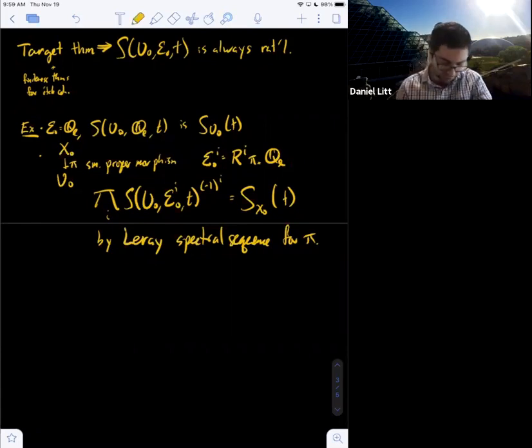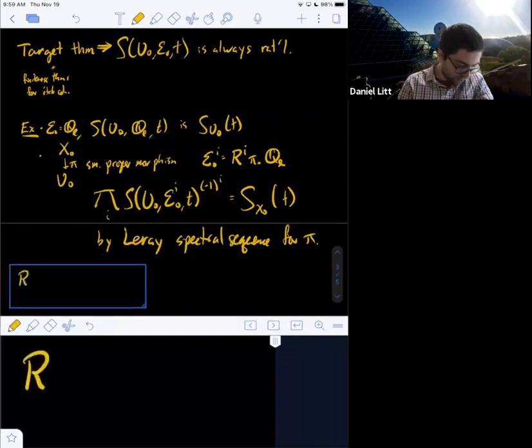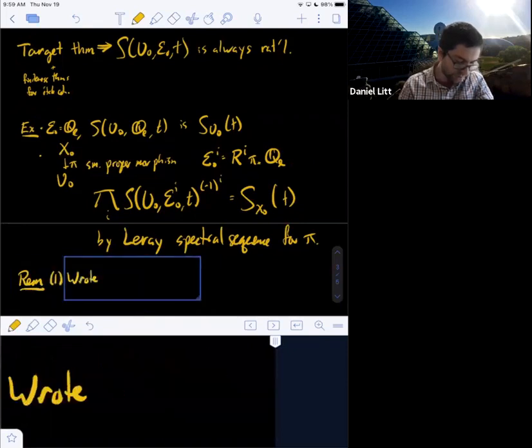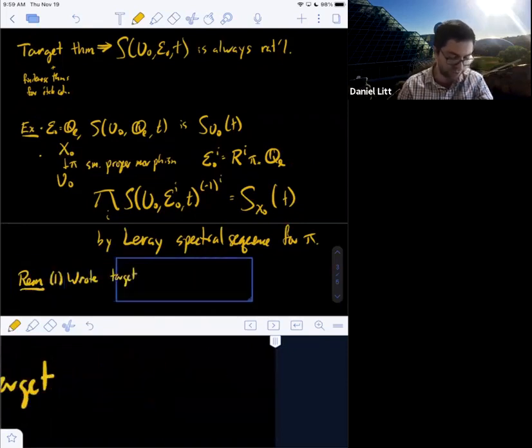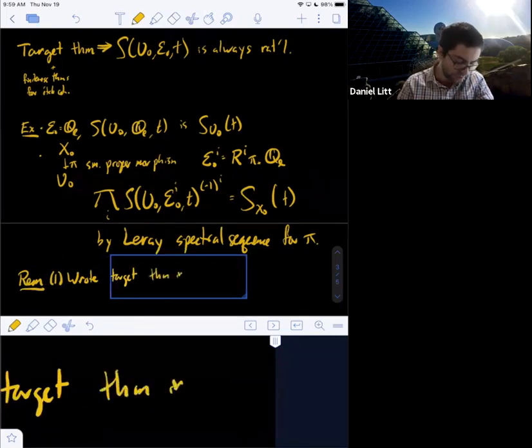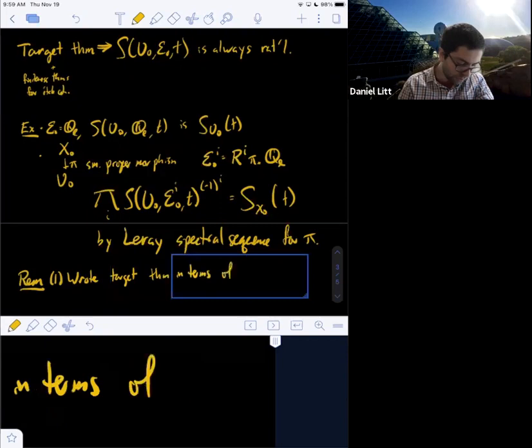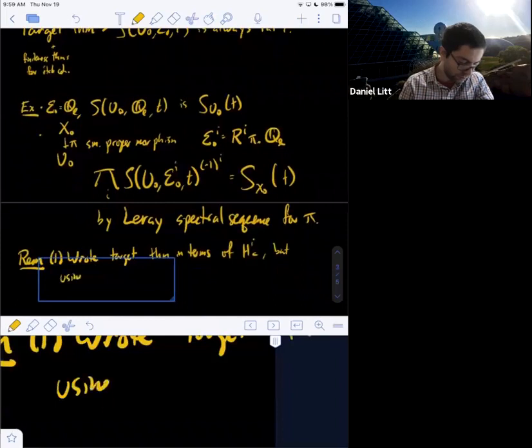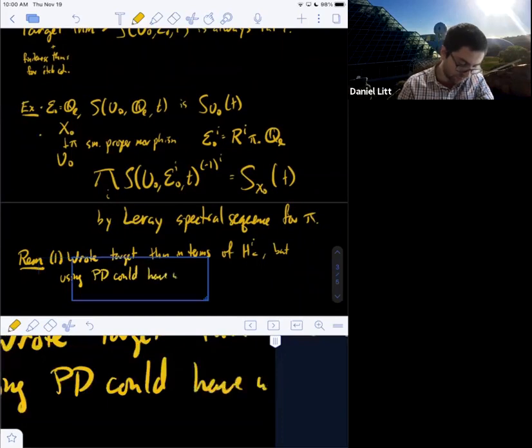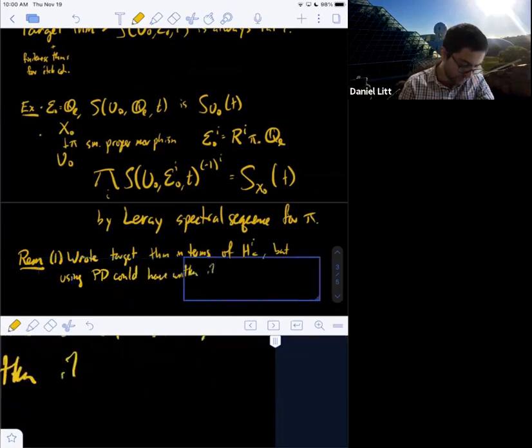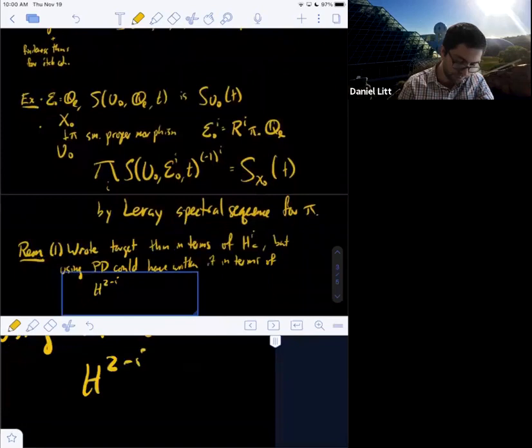Great. Okay, so I want to make a couple remarks. Remark one is that we wrote this target theorem, this more general version of the Lefschetz trace formula, in terms of compactly supported cohomology, but just using Poincaré duality we could have written it in terms of just H^{2-i} of X with coefficients in E dual of 1.